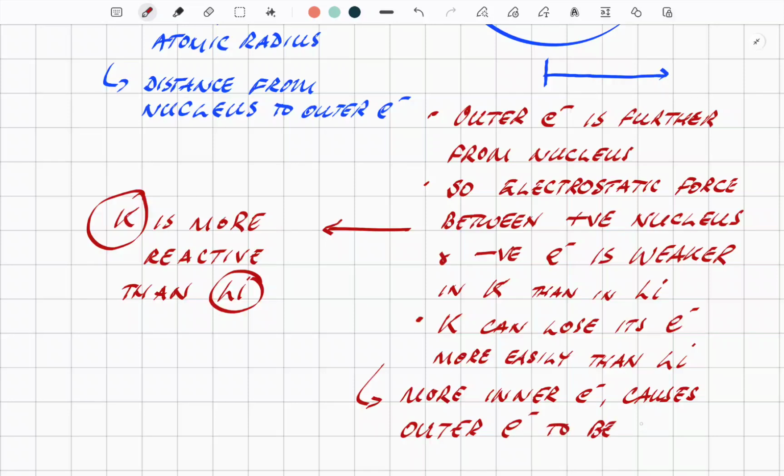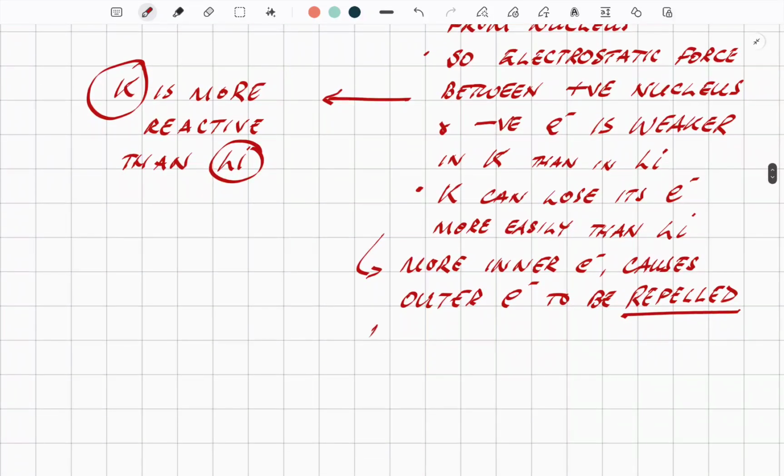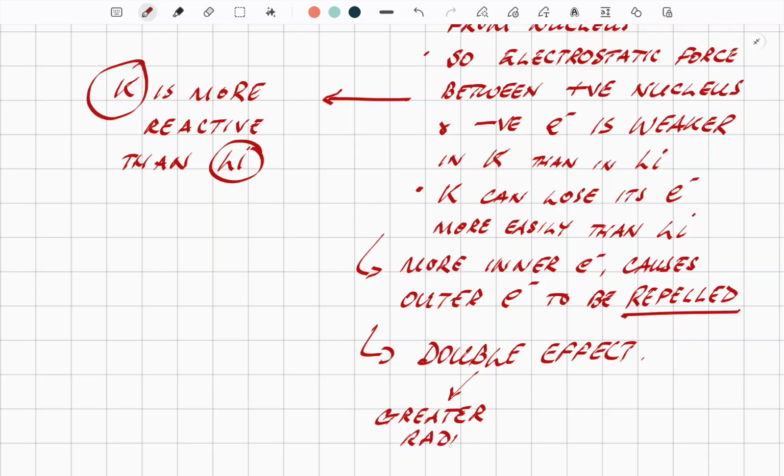Do you remember that from physics? So it's called a double effect. Meaning you've got the greater radius and the push from inner electrons.